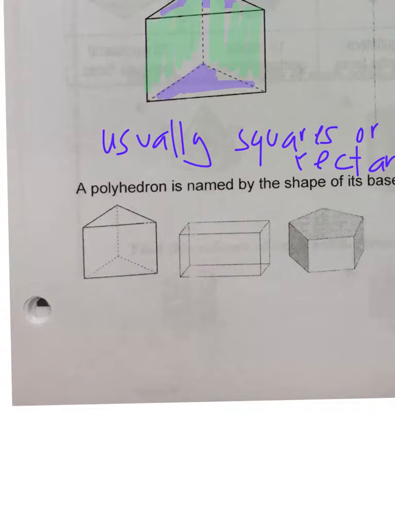polyhedrons. We name them by the shape of their bases. They're either going to be a prism or a pyramid. So our first one here, our base is a triangle. So this is going to be a triangular prism.